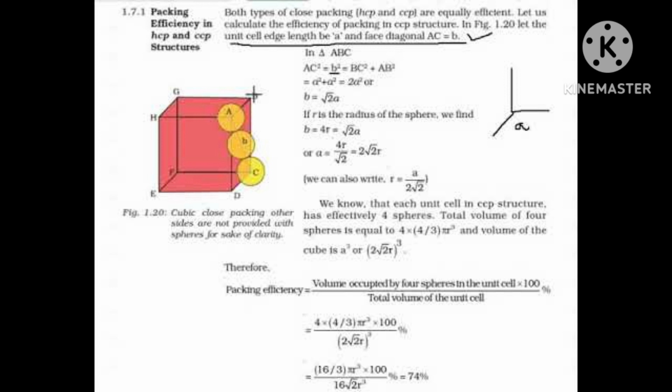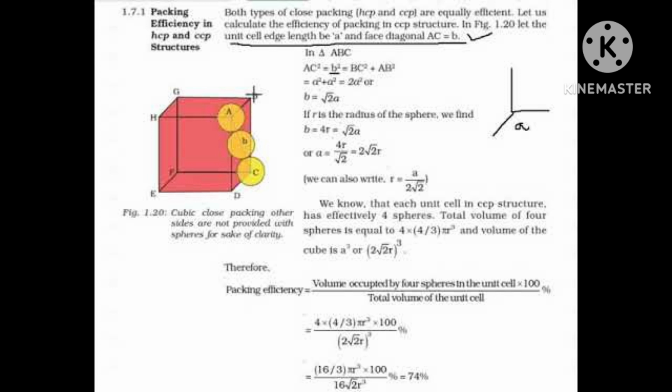Correct? AD is the perpendicular, DC is the base, and AC is the diagonal. This triangle you consider, triangle ADC. Okay, now I am going into little details.